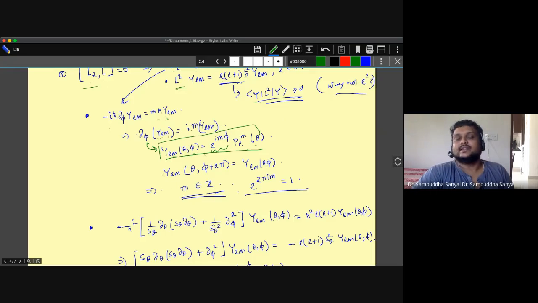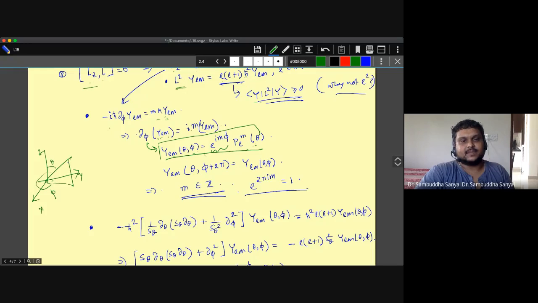We also notice that since it's an angular coordinate, it must be periodic after 2 pi. So for this phi coordinate, if I look at x, y, and z, this guy is basically this coordinate. It has this 2 pi rotation in this direction.